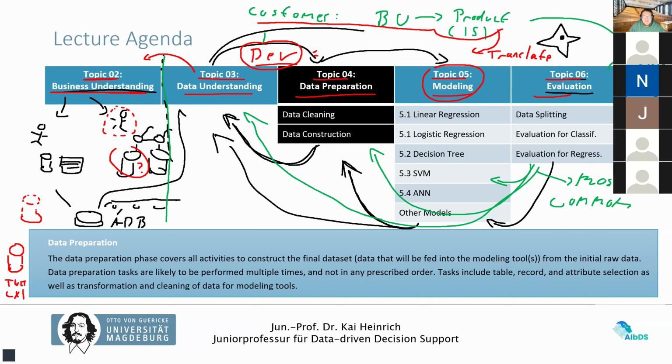This is what our role is. But if you don't understand the customer, you are isolated. Your job is no good, right? Because if you don't understand what the problem is, it doesn't matter how good you can build a decision tree, an ANN or an SVM, which, by the way, we are not doing this semester. We're doing this next semester.